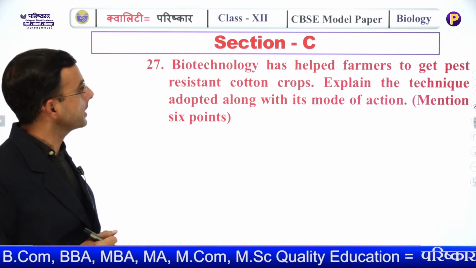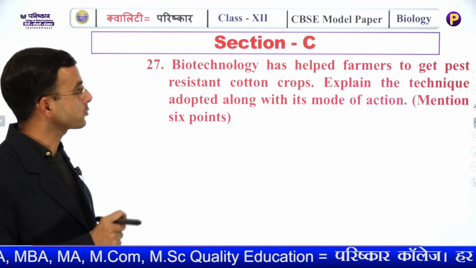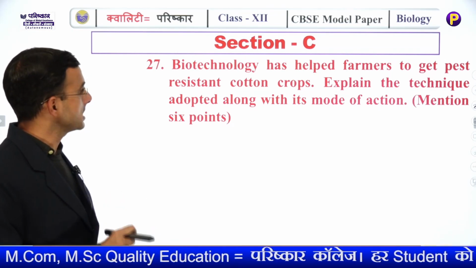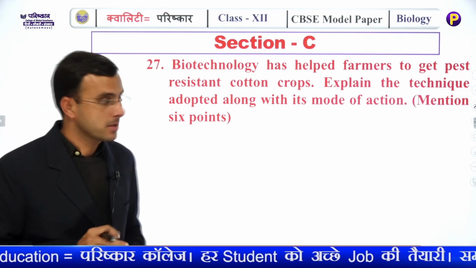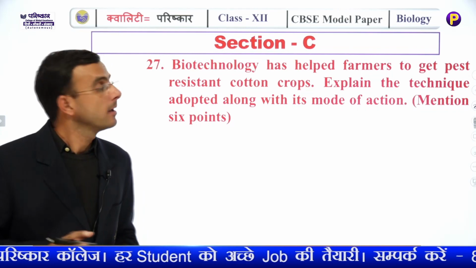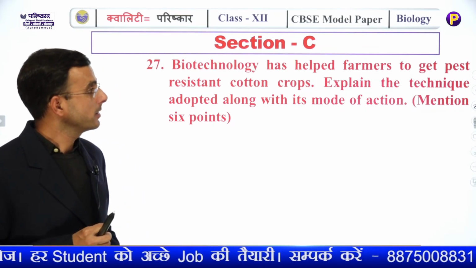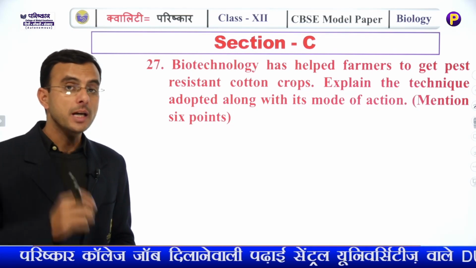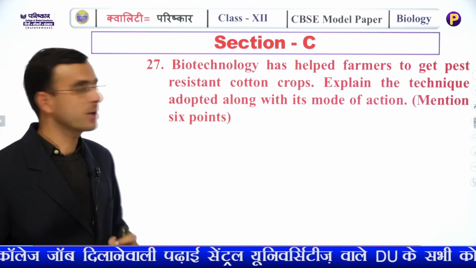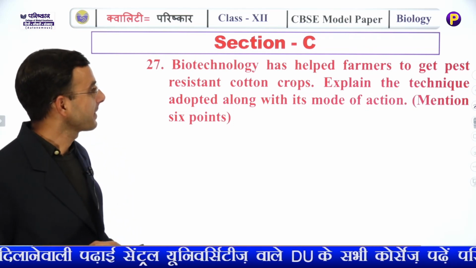The 27th question is: biotechnology has helped farmers get pest resistant cotton crops. That is a very important plant that has been developed by human beings by utilizing biotechnology, because the plant is already present in nature.